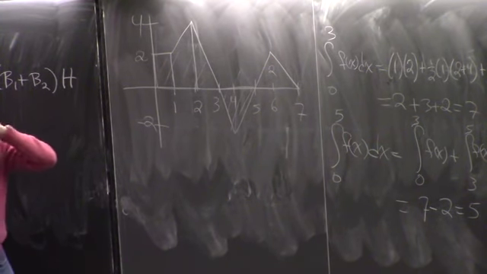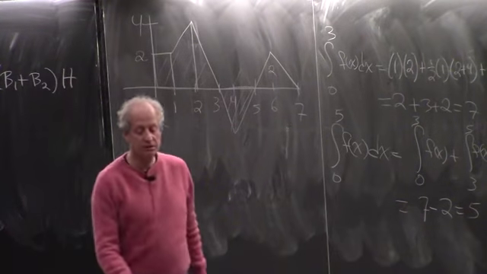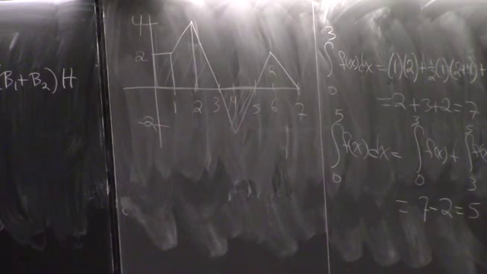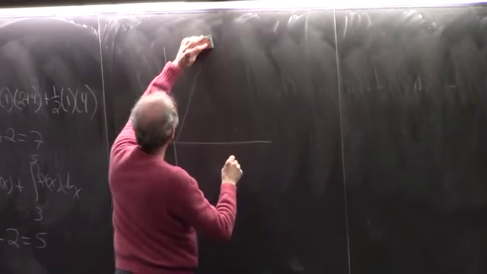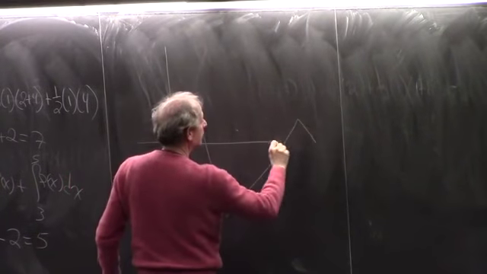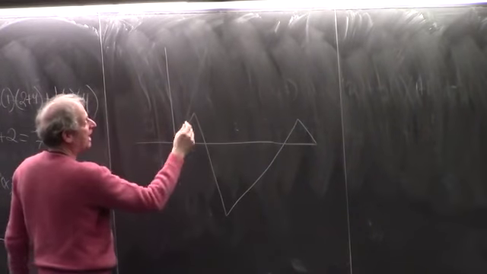You could end up with a negative area. If you had a picture, say you had something like this. Oops, wrong way. Okay? And this was, I don't know, let's make it up.